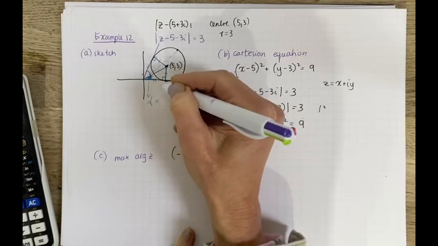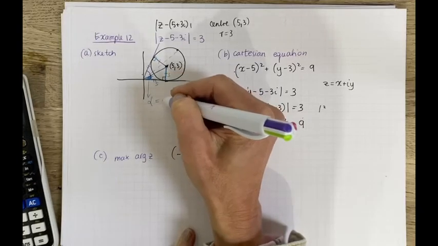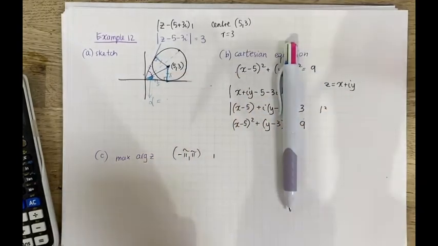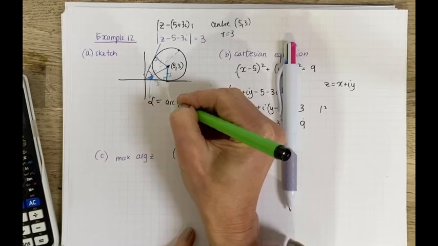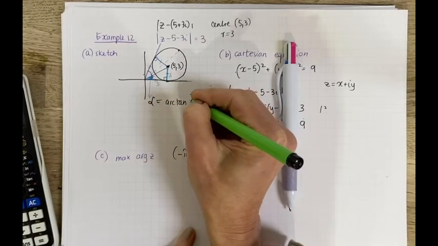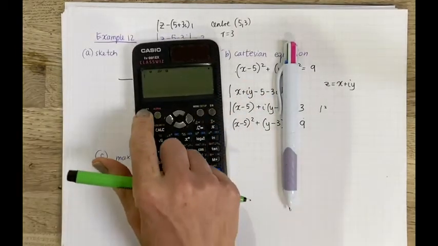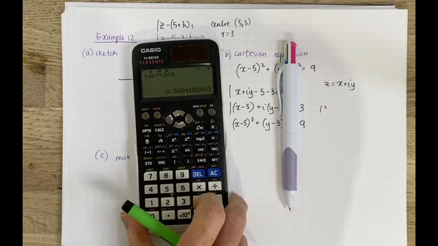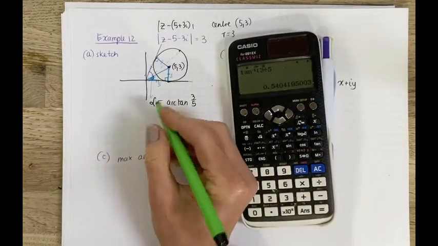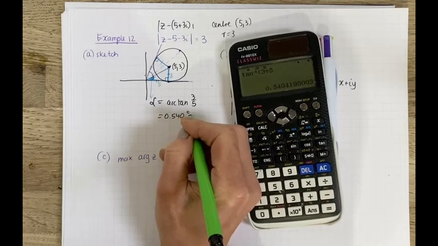So what is this angle? Well, this is 3 up, 5 across, so I've got to do arc tan 3/5. So let's do the tan inverse 3 divided by 5 is 0.540 radians.